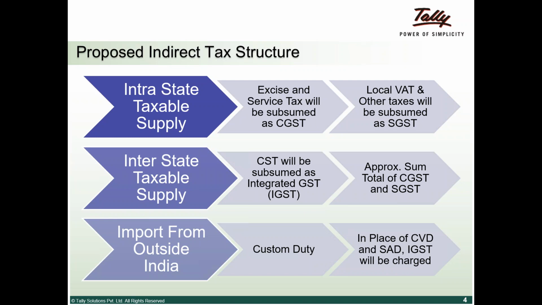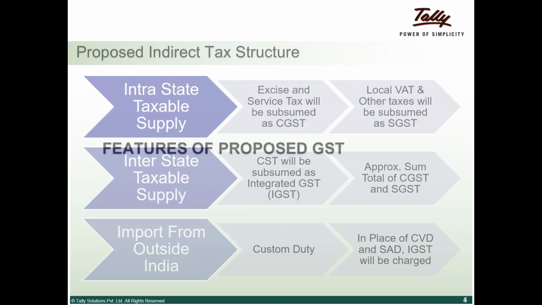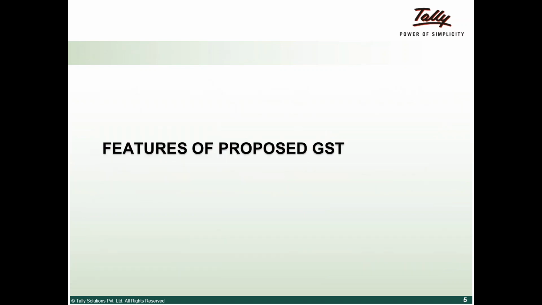Now there is a third bucket in it, which is customs duty. Existing customs duty will continue to be there, and the additional customs duties that we used to pay will be subsumed as IGST. Customs duty is for importing material into the country.